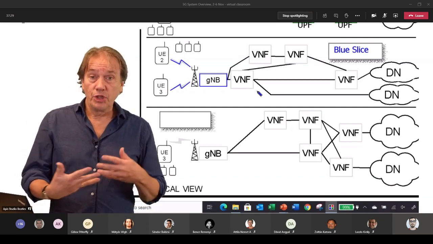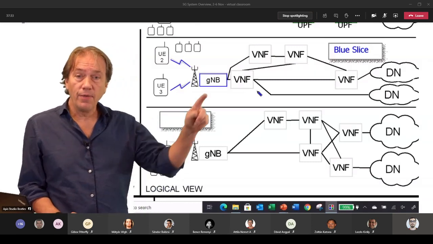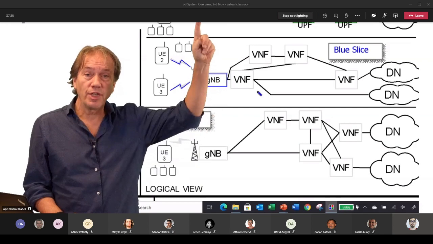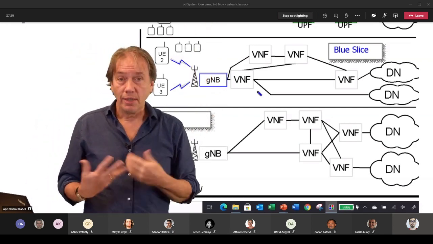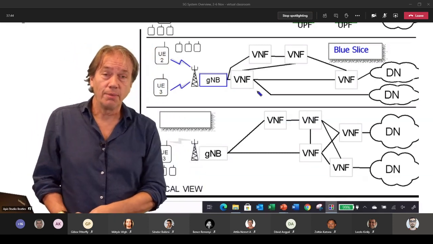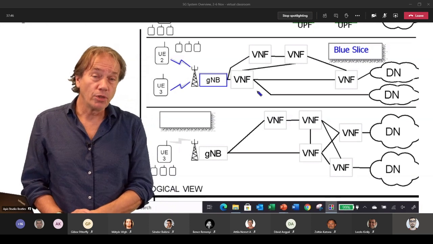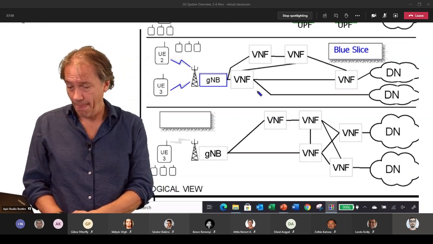Just to be very clear, maybe overly clear, this gNodeB is the same as this gNodeB. It's the same base station we talk about. It's just that that physical base station belongs to both the green network slice and the blue network slice.